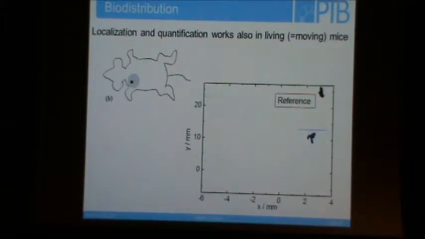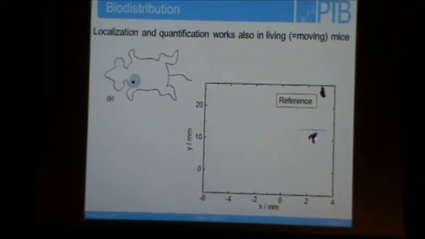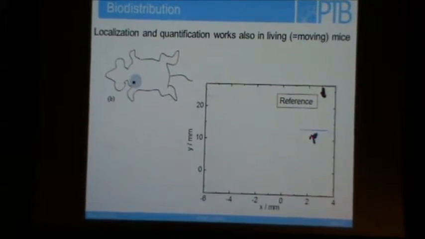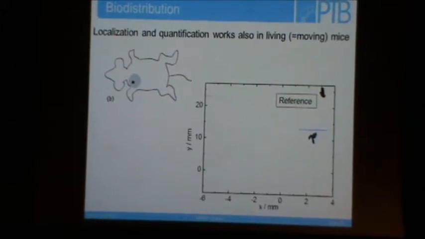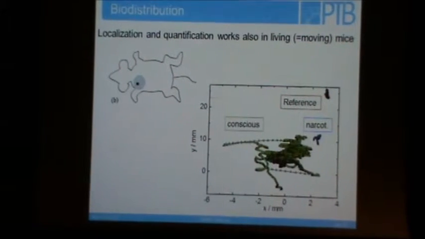We can observe the animal as a whole and have an idea about its location as well as about the magnetic moment that the particles make up altogether inside of the animal, accumulated at some place in the tumor. When comparing this to a reference, we can give the exact amount.